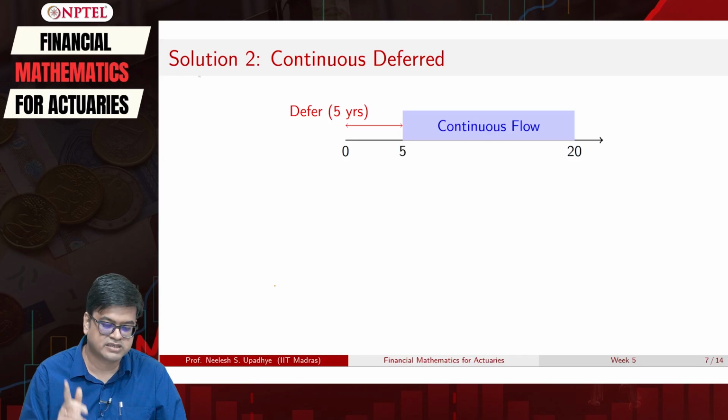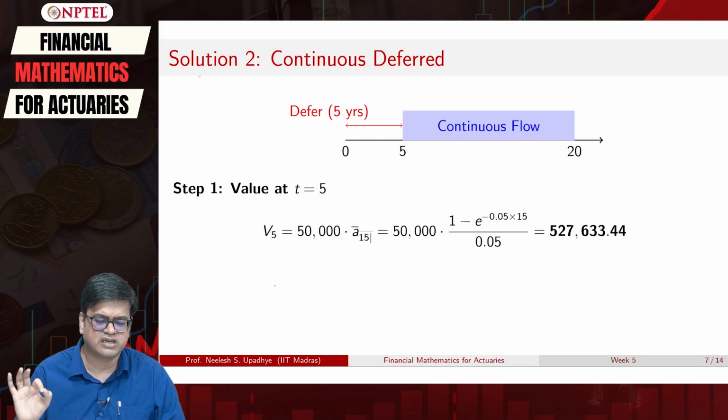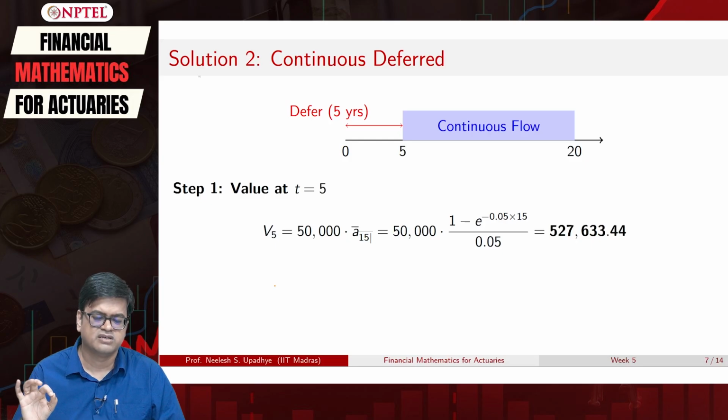Okay, so let us take step 1. Let us look at the value at time point 5. At time point 5, this is simply a continuous annuity problem which is having force of interest 5%. So 1 plus i is equivalent to e raised to delta. So this delta is actually 0.05 and therefore 1 upon 1 plus i, which is v, is e raised to minus 0.05.